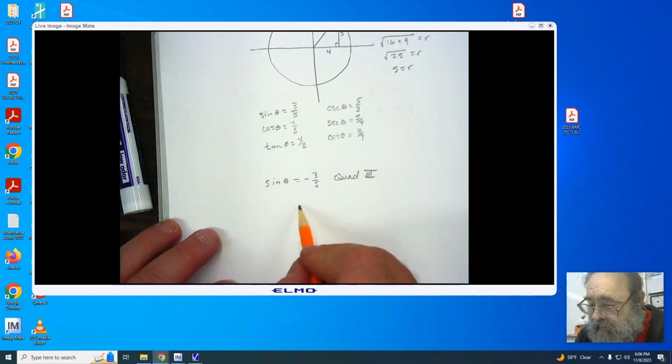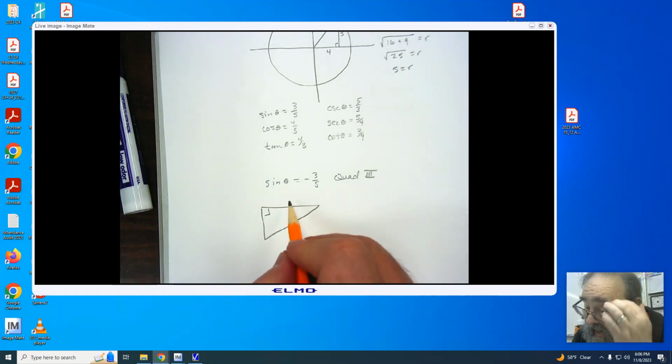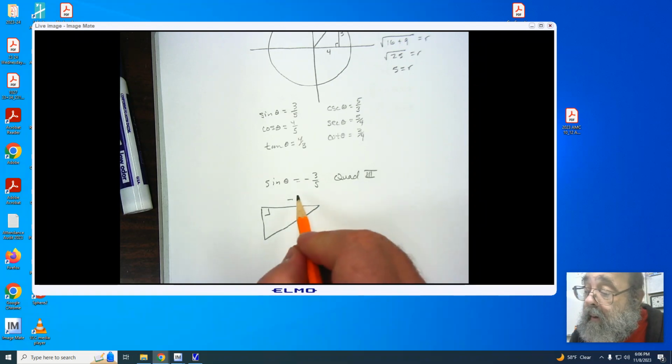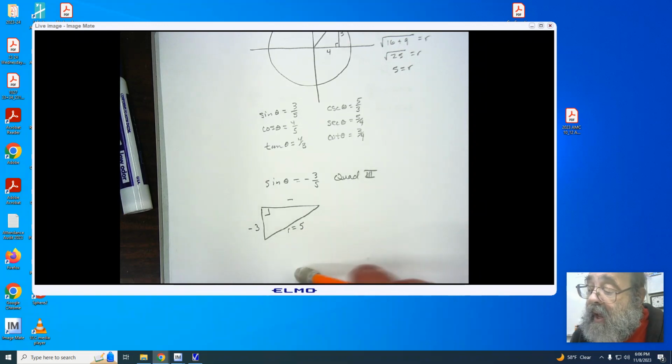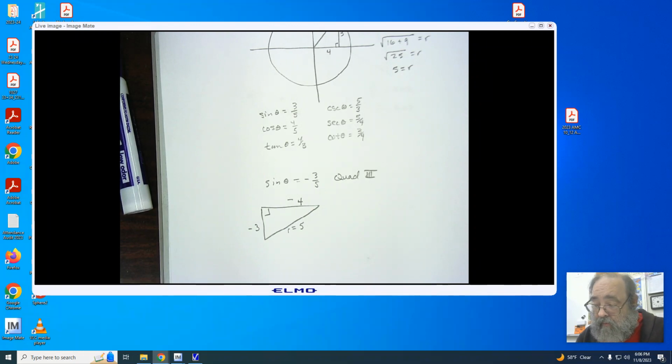If it's in quadrant 3, our reference triangle looks like this, and I'm now looking at my x being negative, and I need to make sure that I put it in the right place. My radius is always positive, and by the Pythagorean theorem, we can find that we have a -4 right there.